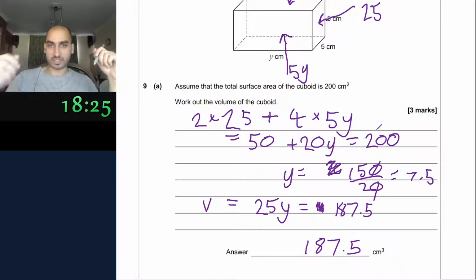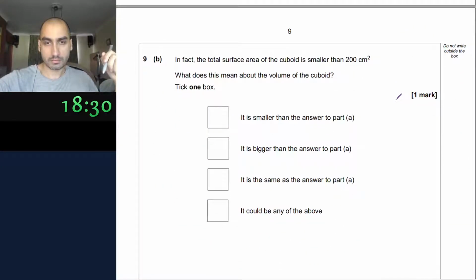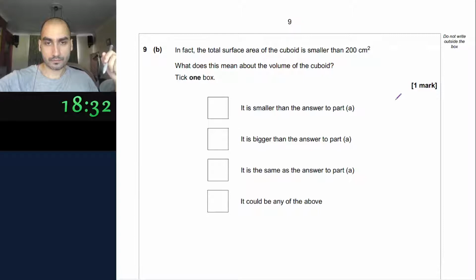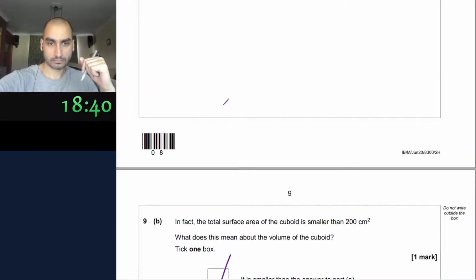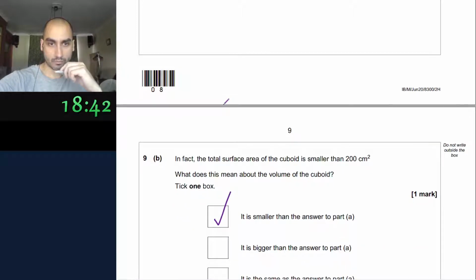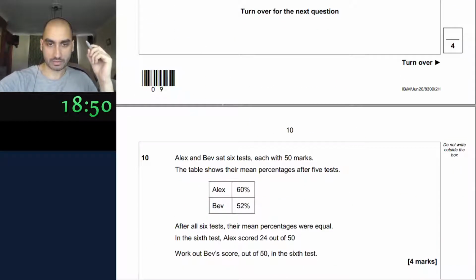Yeah, the surface area is smaller, the volume is smaller. Yeah, I don't see any trick there.